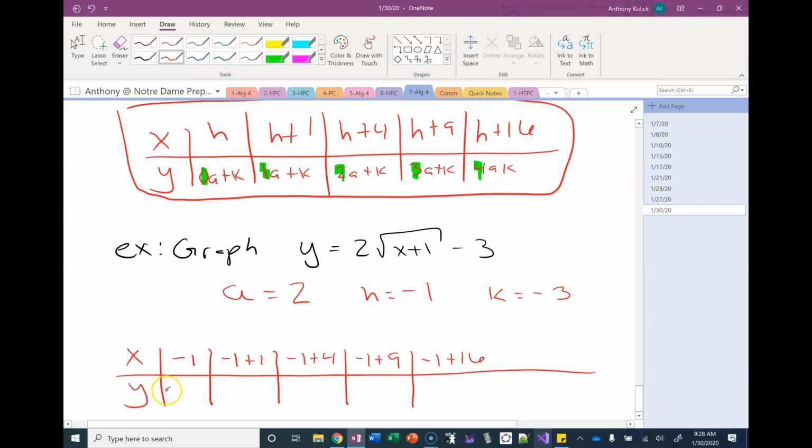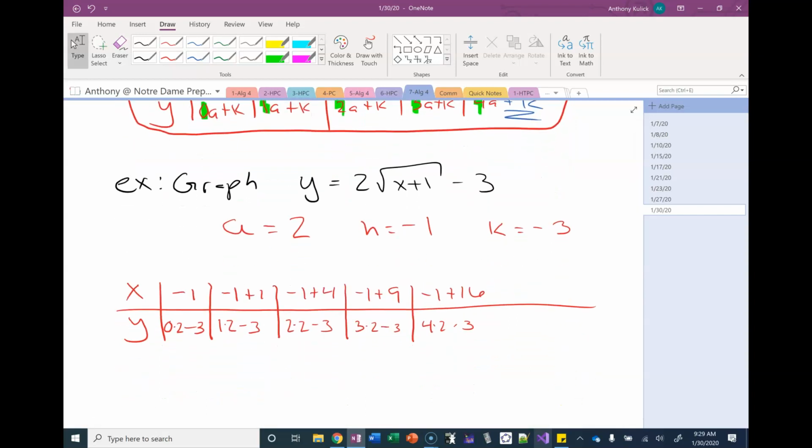The y-coordinates are going to be 0 times a plus k, but since k is negative, I'm just going to write minus instead of plus a negative. Is everybody okay with me doing that? So 1 times a plus k, 2 times a plus k, 3 times a plus k, and 4 times a plus k. Oops, forgot the plus sign there. Sorry about that, guys. Is everybody okay with how I filled this table out?